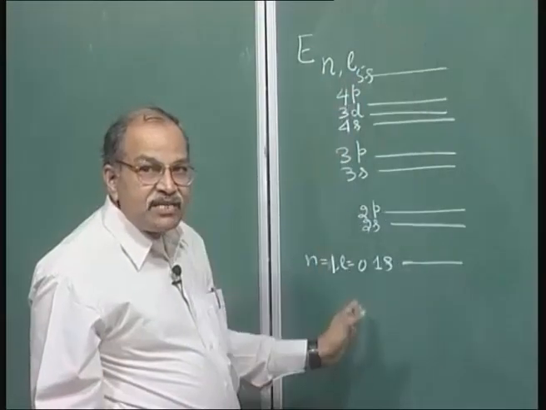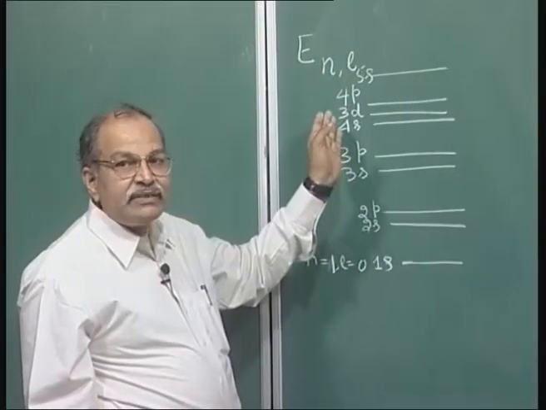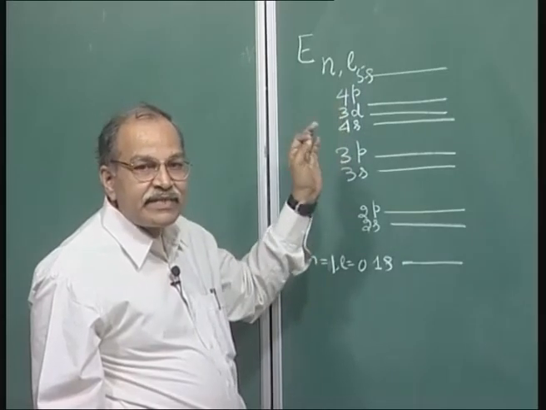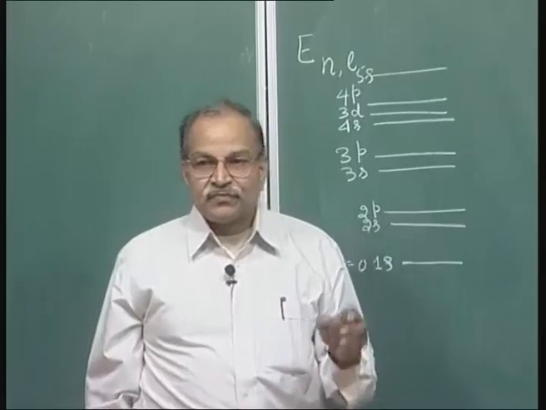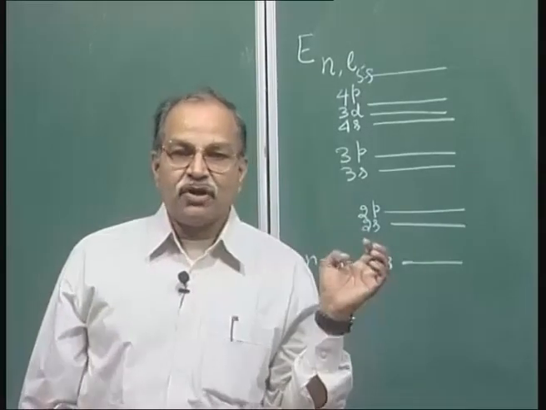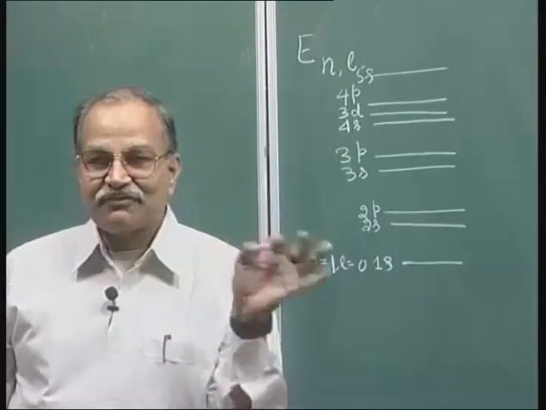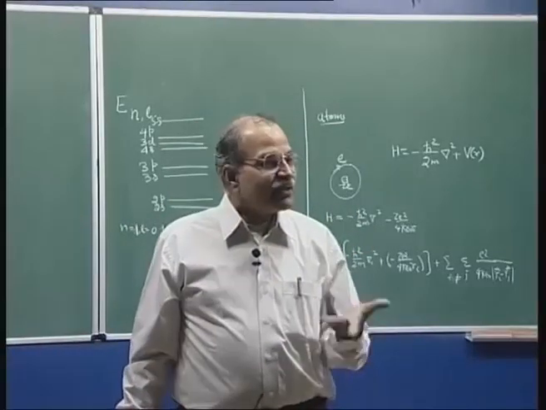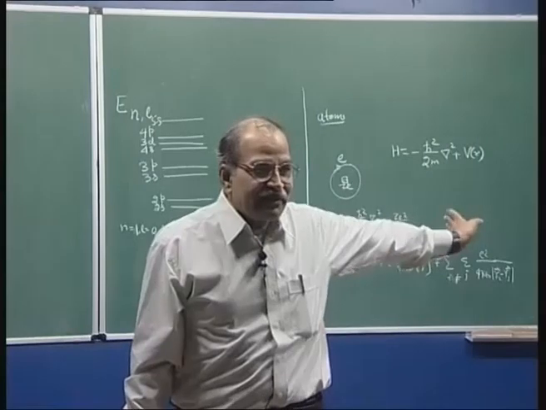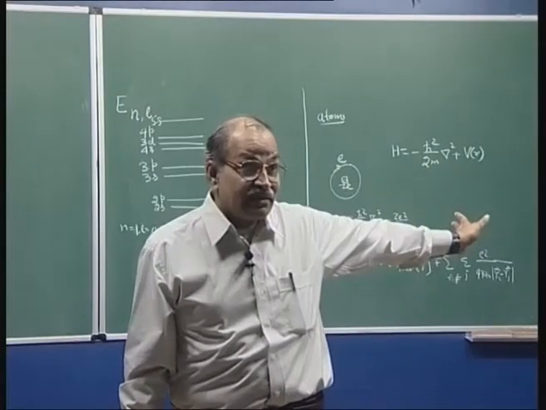And these energy levels are not non-degenerate, they are degenerate. One degeneracy comes from spin, because the central potential that we solve does not have spin in it. So spin up and spin down energies will be the same as far as this Hamiltonian is concerned.